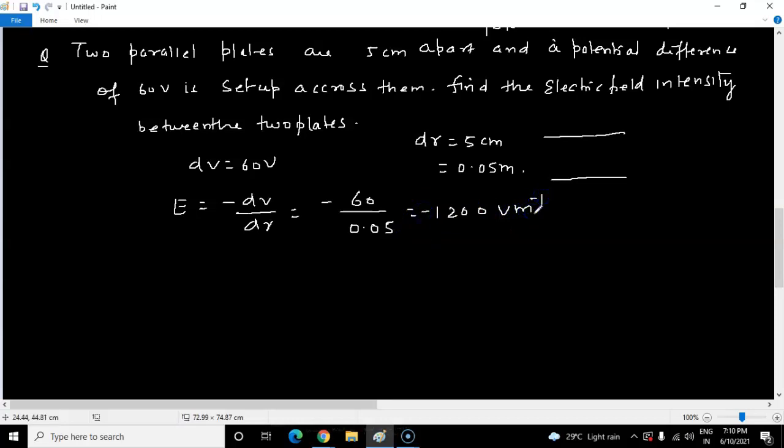So this negative sign indicates that the electric field is directed in the direction of decreasing electrostatic potential, right?